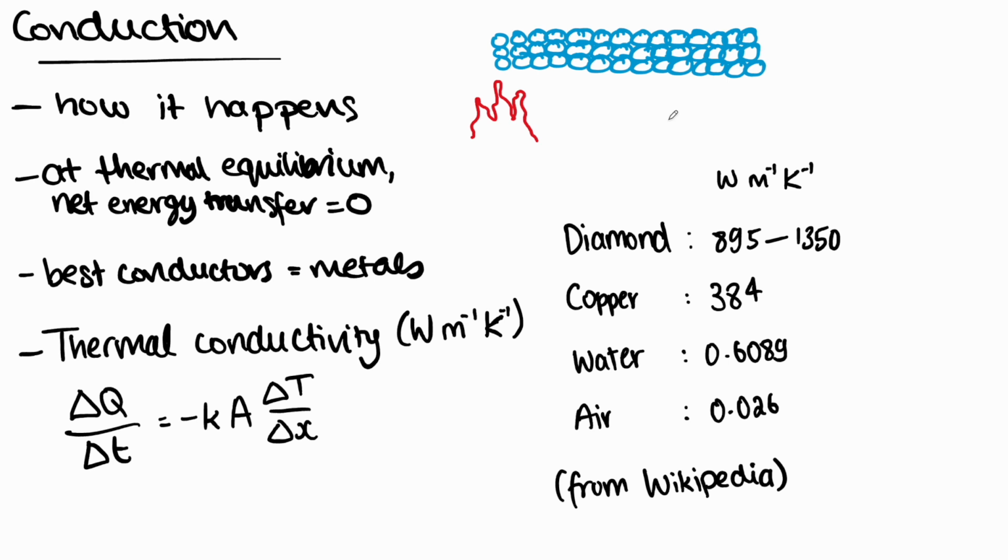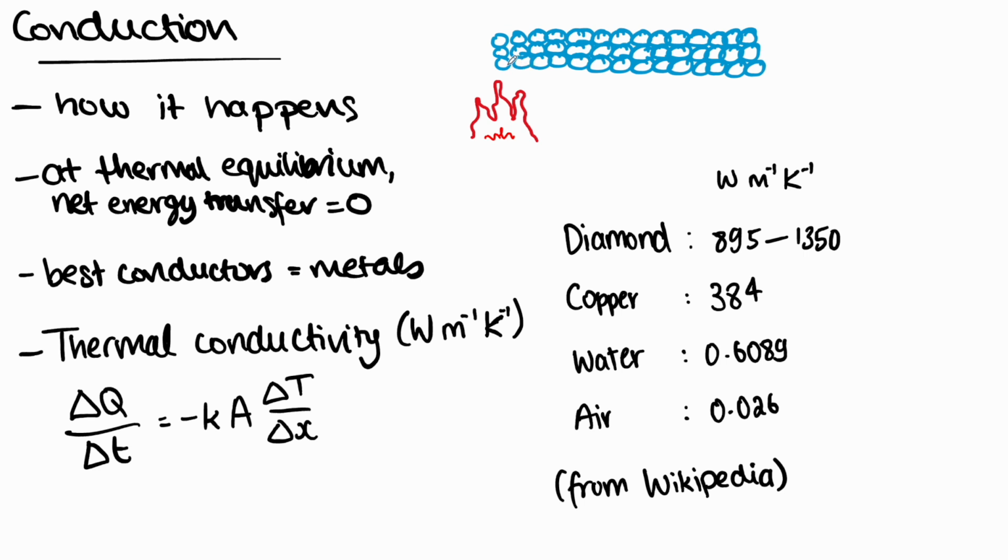So now we're going to move on to energy transfers. We're going to start off with conduction. I've drawn a small diagram here of a heat source. In this case, it's a very well-drawn fire. And here we have, for example, a metal fork or any sort of substance.